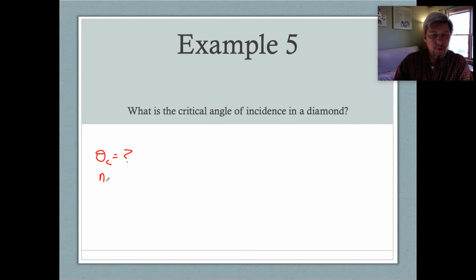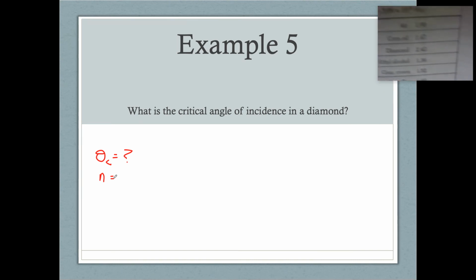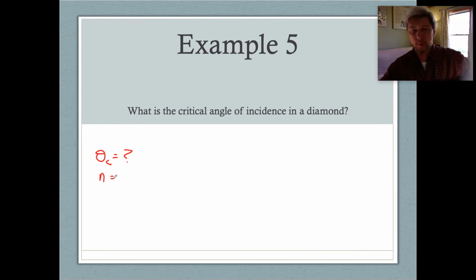And so we go to the absolute index of refractions, and if you look up the value for diamond, you'll find that it is 2.42. All right, 2.42.